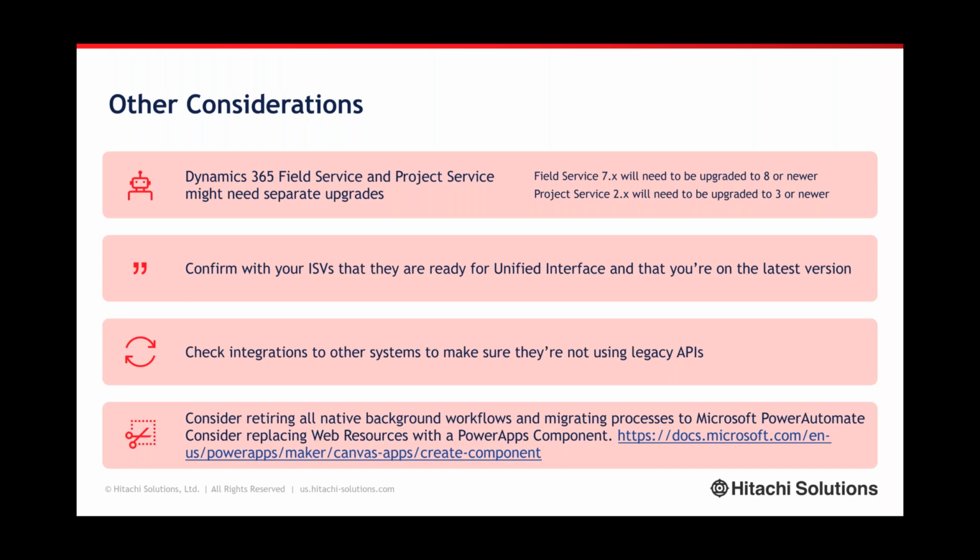Very much related to that too is no system really stands alone these days, so check your integrations as well. If you're using integrations that are using legacy APIs to communicate with Dynamics, there's a decent chance that they might break when you go through this upgrade process. So make sure that they're using a modern API of some sort to communicate with Dynamics so you don't lose all that integration process.